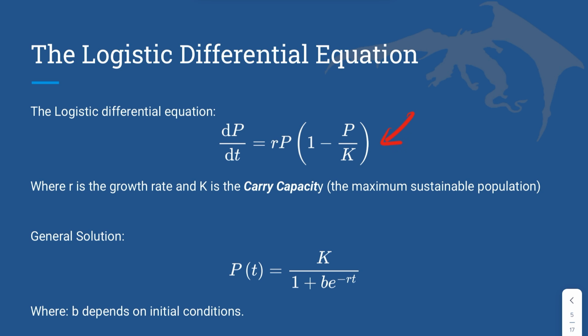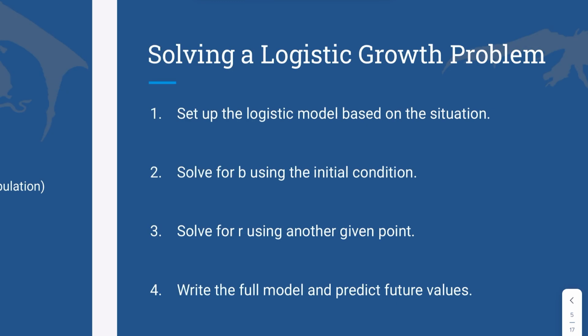We won't actually go through the process of solving, but our general solution is P of t equals K over 1 plus B times e to the negative rt, where B depends on the initial condition. So some important things to note here: K, the carrying capacity, r, the growth rate, and B depends on our initial condition.